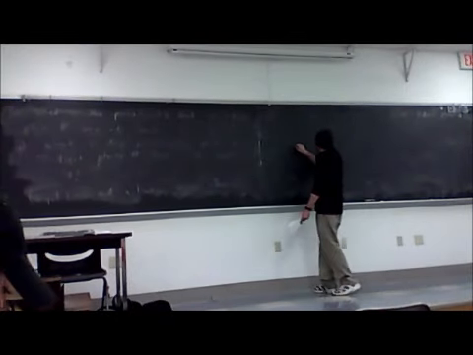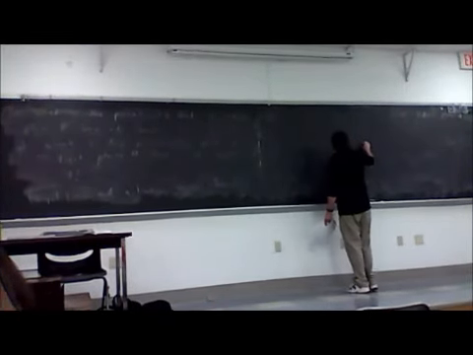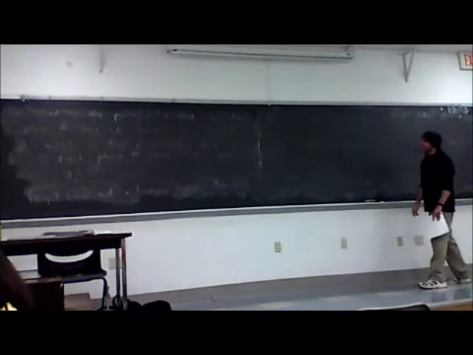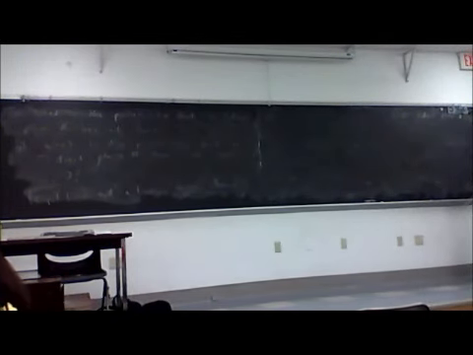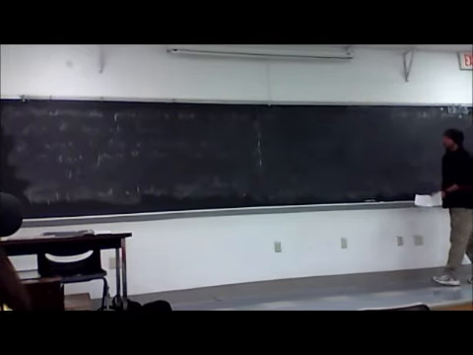And so now I want to figure out how many 7-digit phone numbers you can form where you have at least 2 5s showing up.